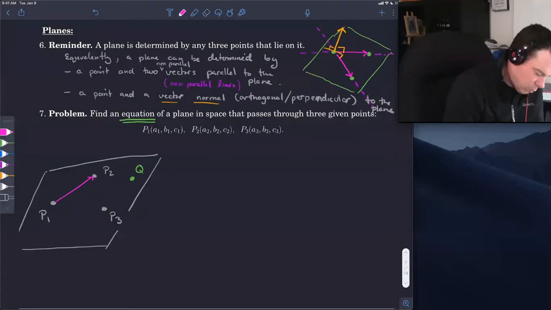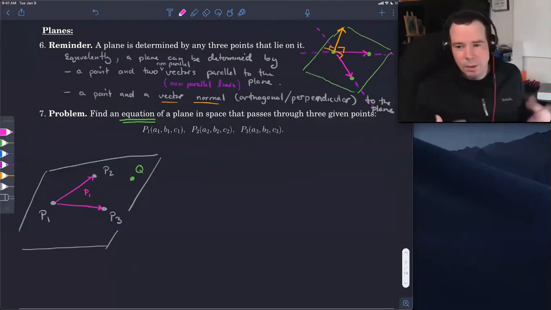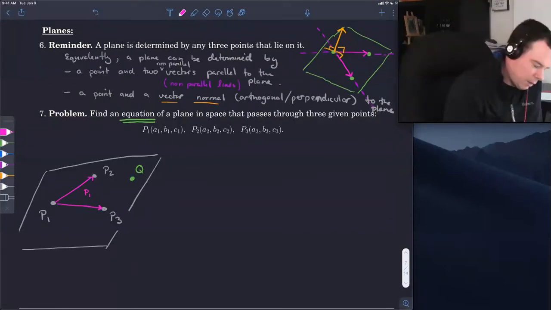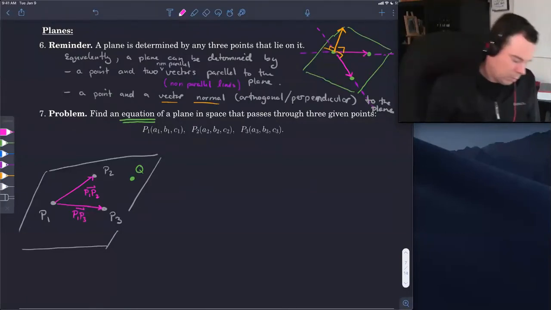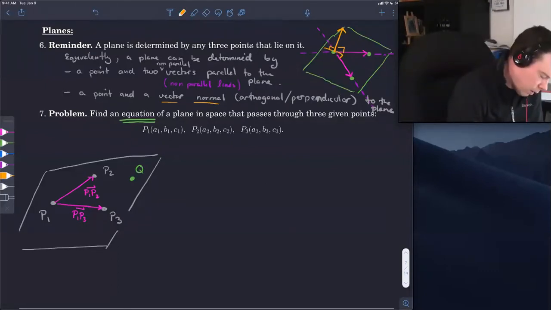So what we'll do is we'll start with these two vectors. Doesn't matter which two we take. I'm taking P1 as my common tail for the two vectors, but I could really do that for any of these points. There's nothing special about taking P1 as the common tail. So I'm taking these two vectors, P1 to P2, and the other vector P1 to P3. Once I have those two vectors, I can compute their cross product.